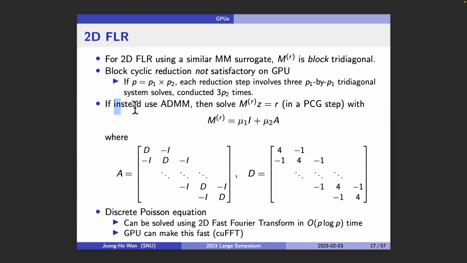So I turned to another algorithm called ADMM, Alternating Directions Method of Multipliers.